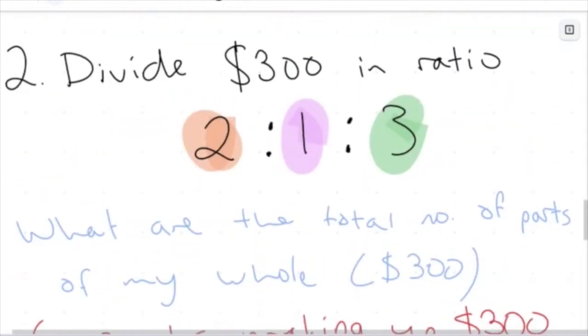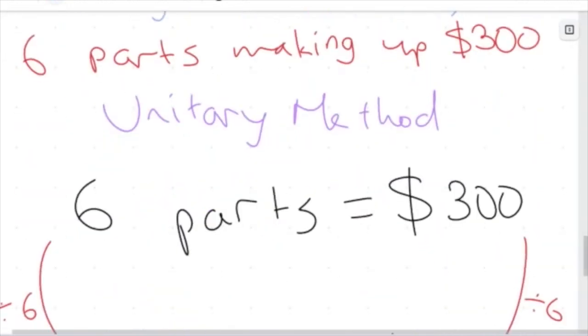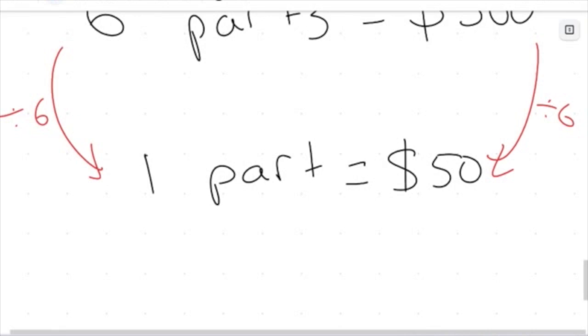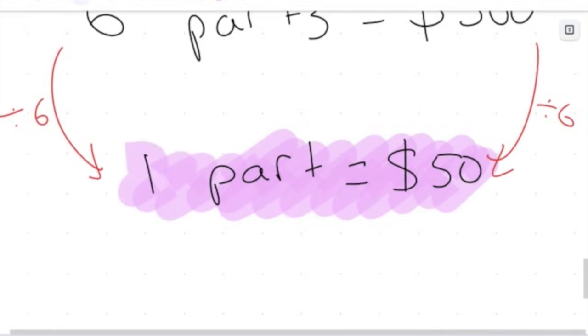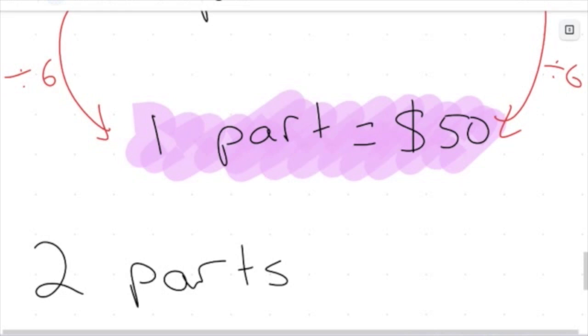So I've already answered one particular bit by doing the unitary method. I've found how much this person in the pink highlighted number is going to make. This person gets one part of 300. So let me color coordinate that. This person in the middle got $50. Now, I want to find out what the person who got 2 parts out of this whole made.